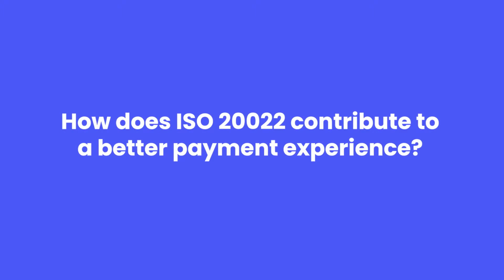How does ISO 20022 contribute to a better payment experience, and in particular, the addition of more data beyond just bank details and sort code? So if you can imagine today, you're sending a payment internationally, you have their IBAN and a name maybe, and you put that into your bank portal and you initiate the payment.